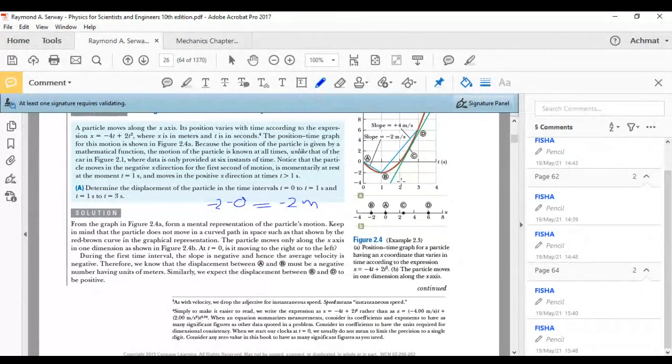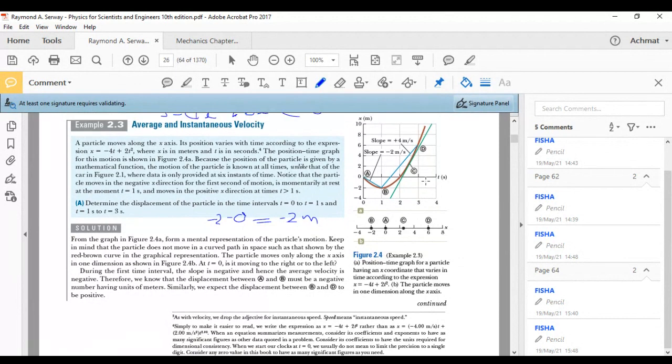Maybe the initial value is -2, and the final value, according to this graph, looks like it will be 6. Would you agree with me? At 3 seconds, the graph goes to 6.